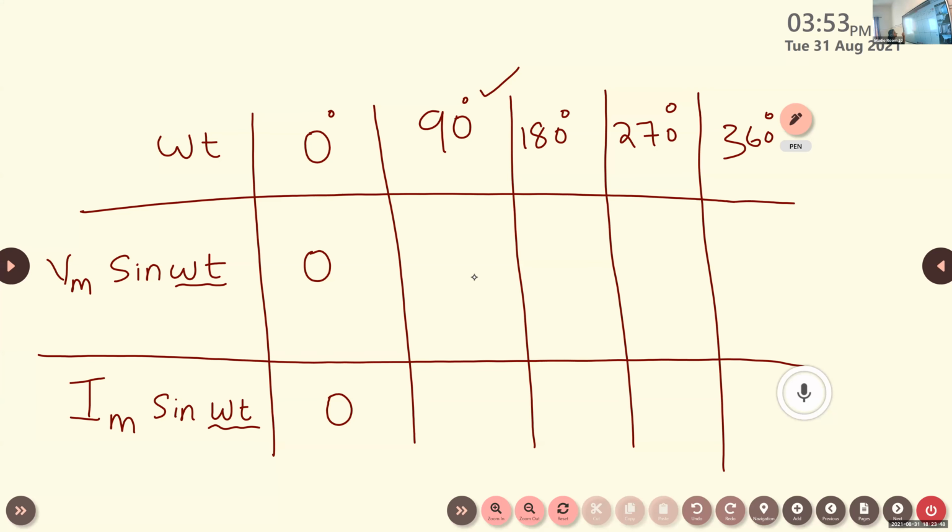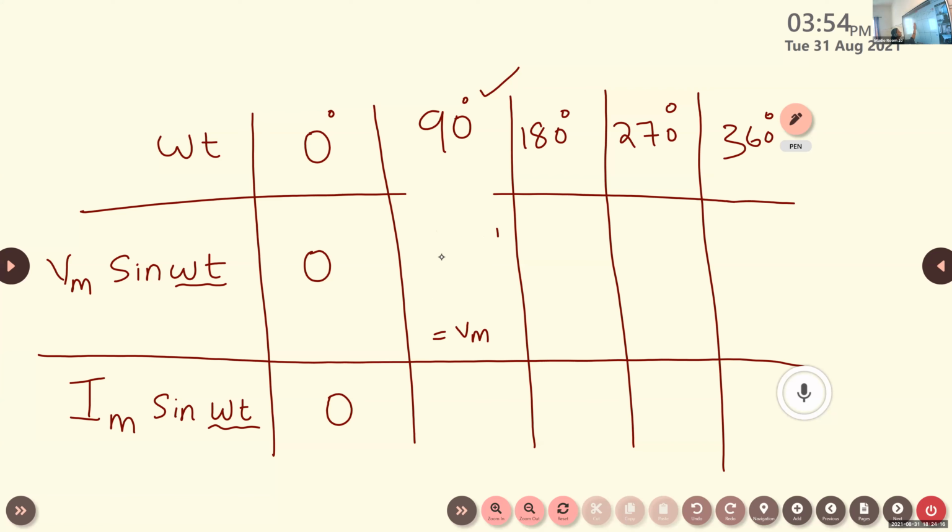So Vm sine 90 is Vm into 1, that is equal to Vm.